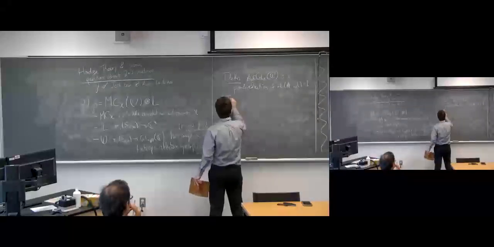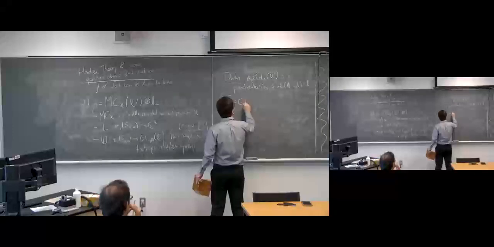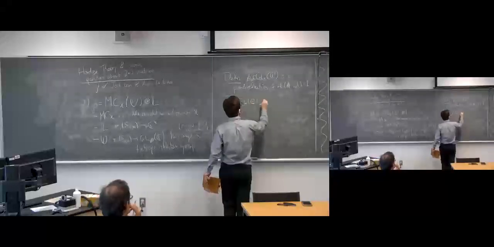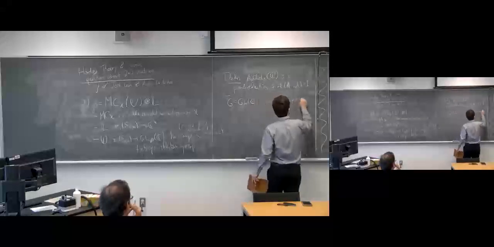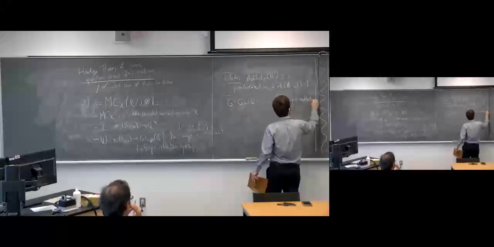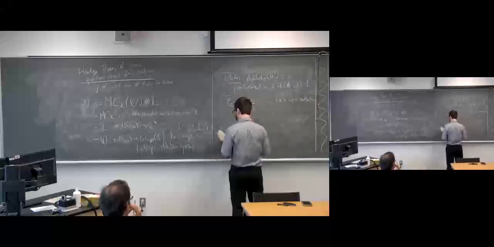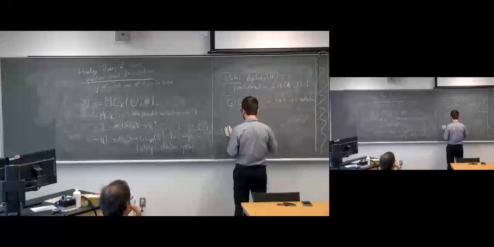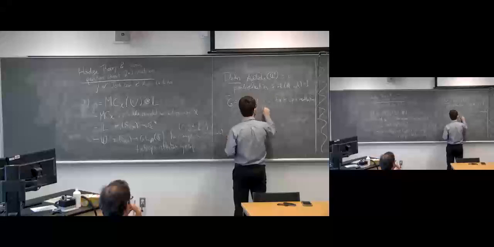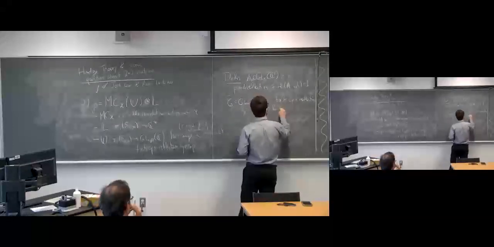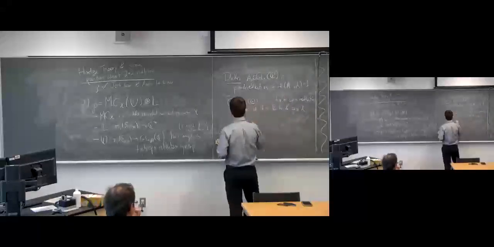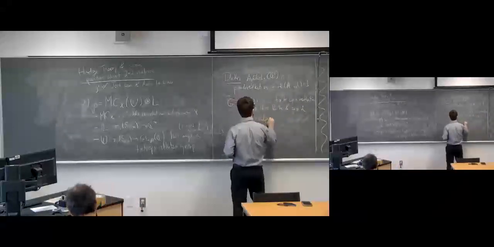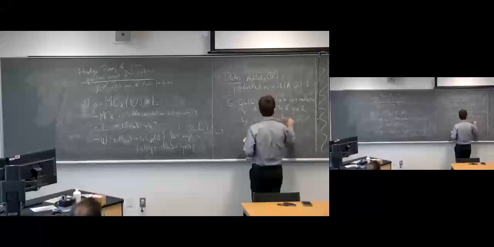And then a subgroup of GL_R(C) is a finite complex reflection group if it is finite and generated by pseudo reflections. So, for example, think of the symmetry group of a regular polytope, that's the kind of thing.